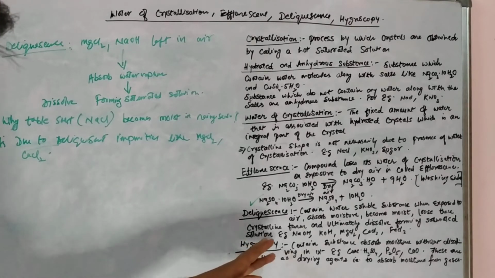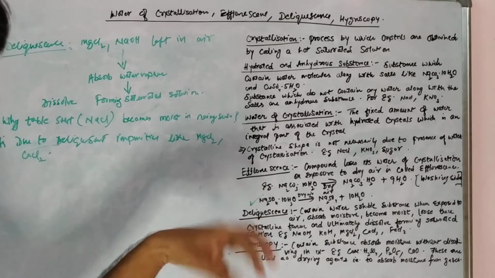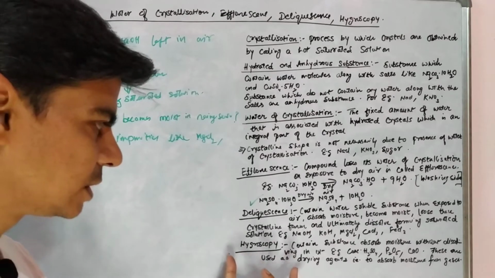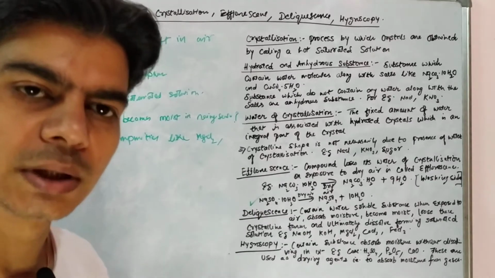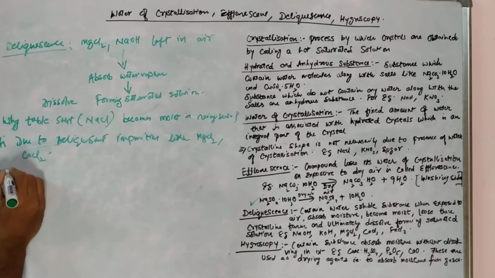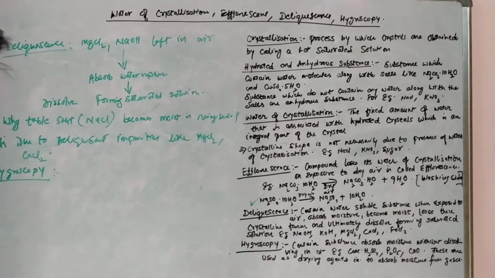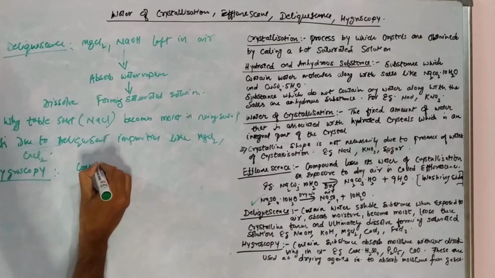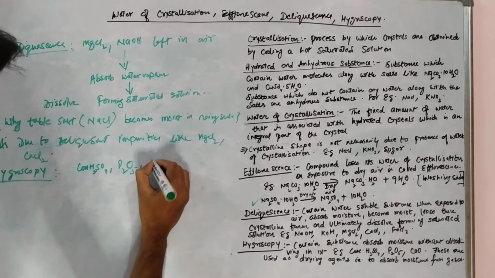So deliquescent substances absorb moisture from the atmosphere and dissolve in it, whereas hygroscopic substances absorb moisture but will not dissolve in the moisture that they absorb, right. So hygroscopy, I'll just write it over here. Hygroscopic substances are like concentrated sulfuric acid, phosphorus pentoxide, and quicklime.